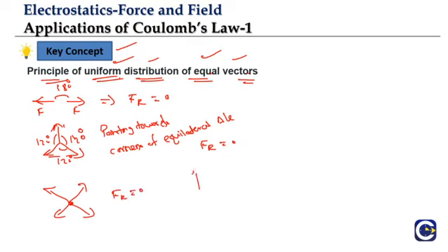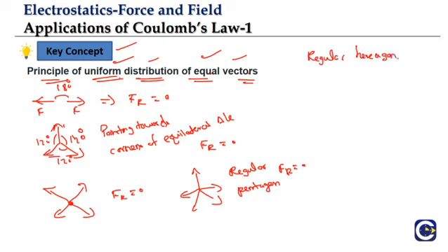If you have 5 equal vectors, they are pointing to the corners of what we call a regular pentagon. Regular pentagon means a pentagon with all 5 sides equal, then the resultant in this case will be 0. If you have 6 equal vectors, they are pointing to the corners of a regular hexagon, then the resultant will be 0.